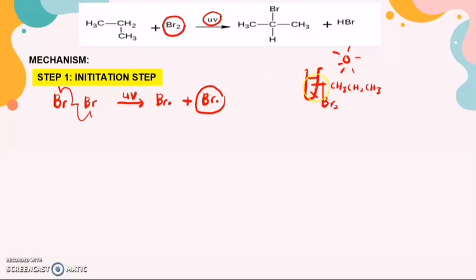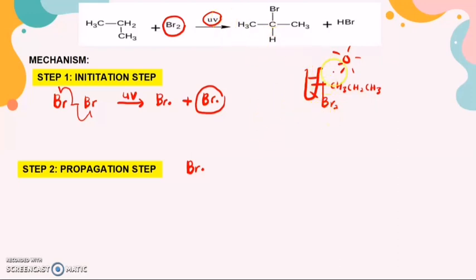You know that in this test tube we have propane. So in the second step, the free radical of bromine produced from the first step will attack the hydrogen in the propane molecule. Propane is a neutral compound and the bromine free radical is the reactive one.